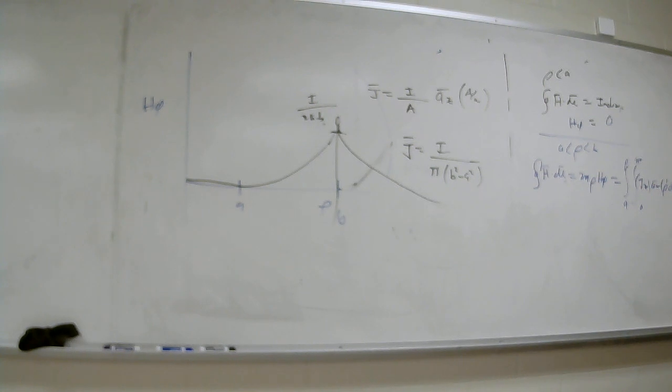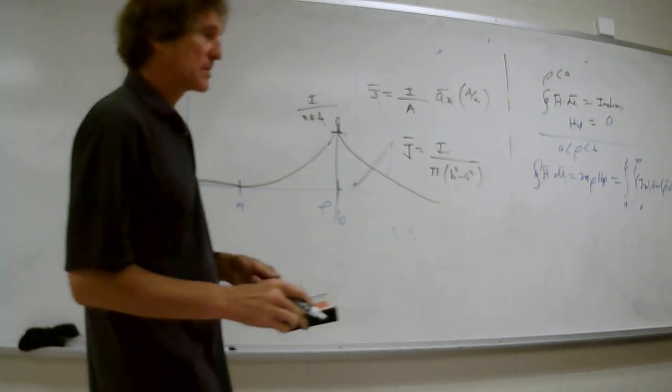So if you look at curl of H in Cartesian coordinates, I like doing it this way: a_x, a_y, a_z, then the derivative with respect to x, derivative with respect to y, derivative with respect to z, and then H_x, H_y, H_z. I don't know if he has this formula in the back of the book or not. I actually forgot if he does.